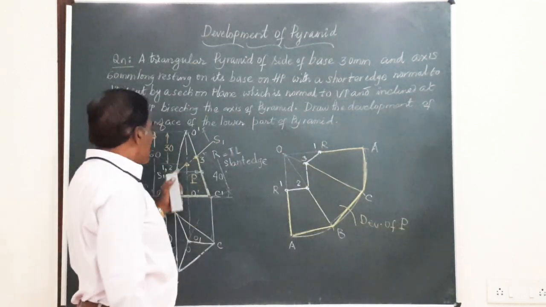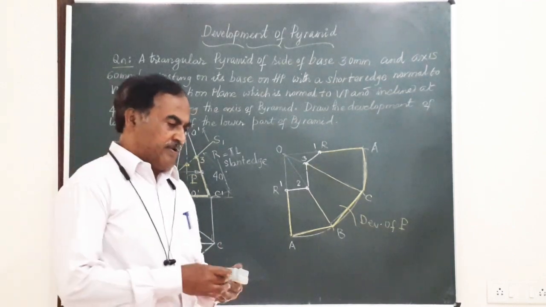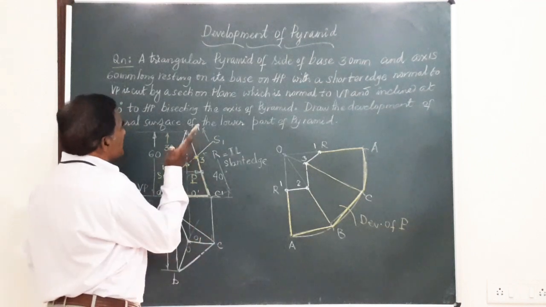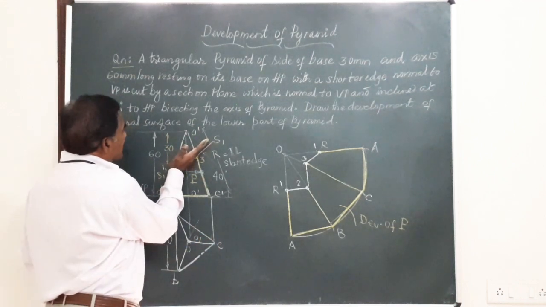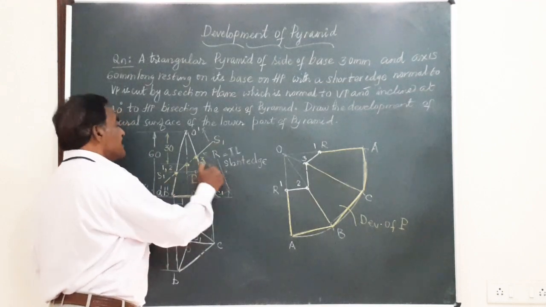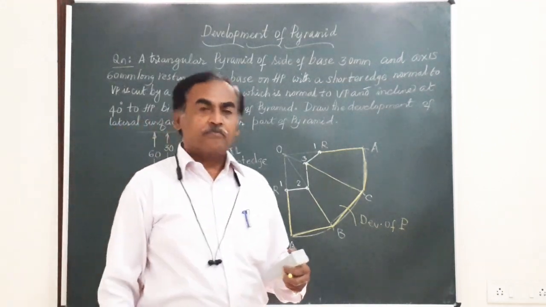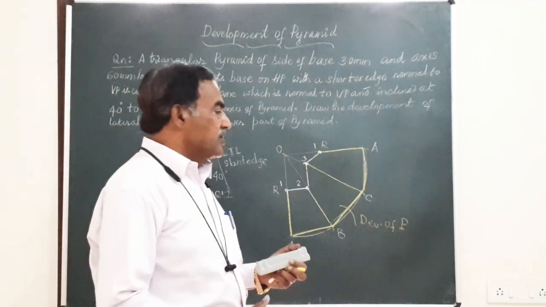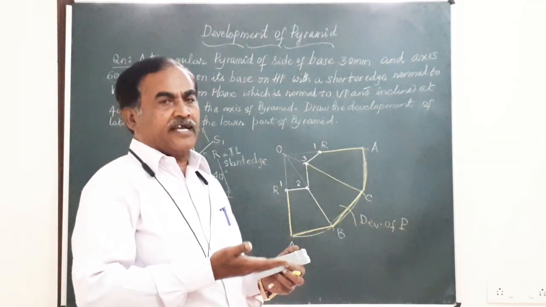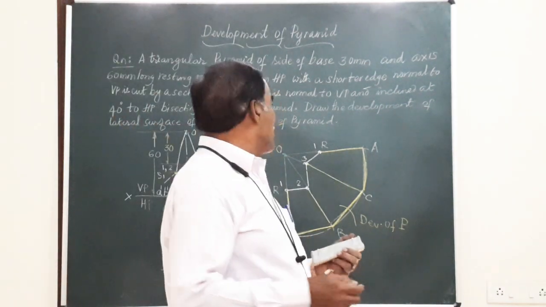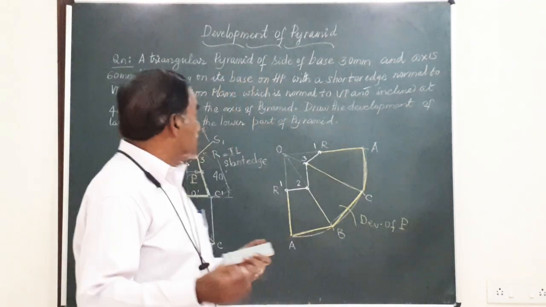And there is a term for this solid. Whenever these pyramids are cut by a section plane which is normal to VP and inclined to HP, this part we call it as a truncated pyramid. Similarly, if you have a cone cut by a section plane inclined to the axis, we call that a frustum of a cone, that is a truncated cone.